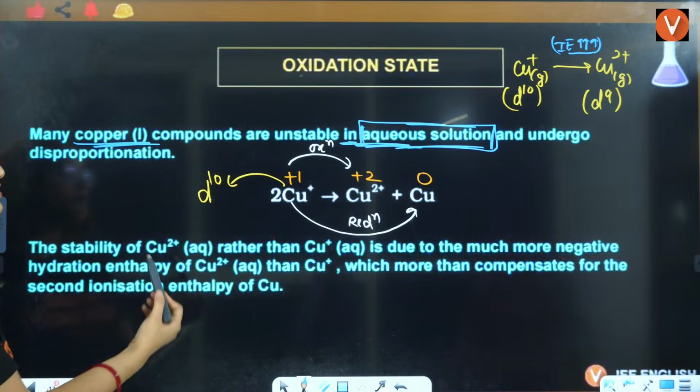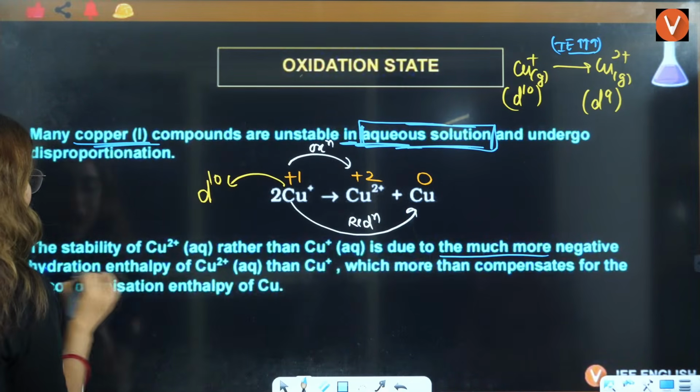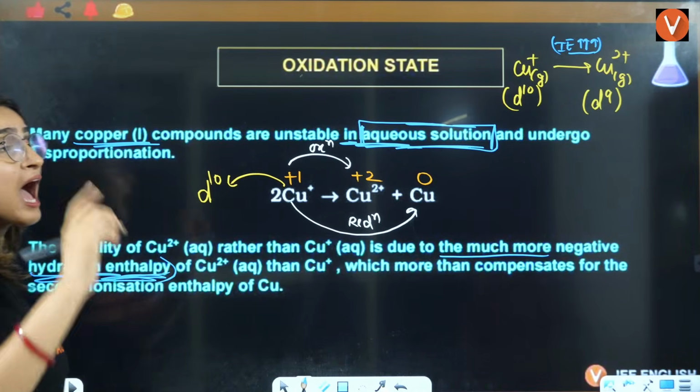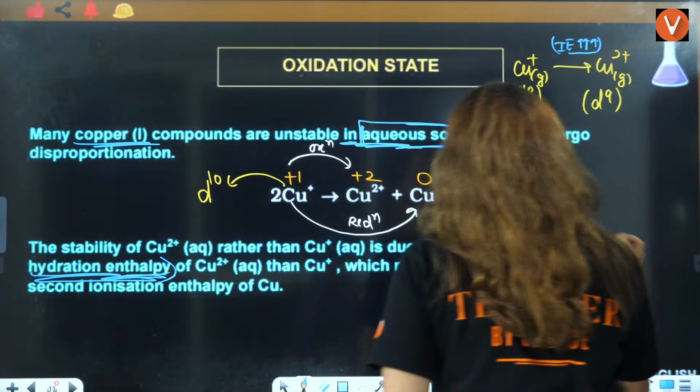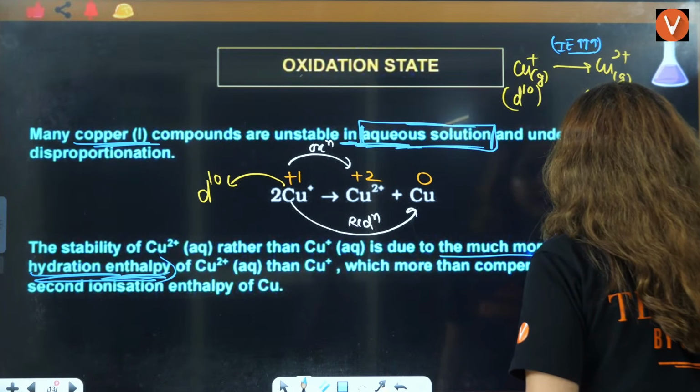So the stability of Cu2+ is due to much more negative hydration enthalpy, because hydration enthalpy is released.